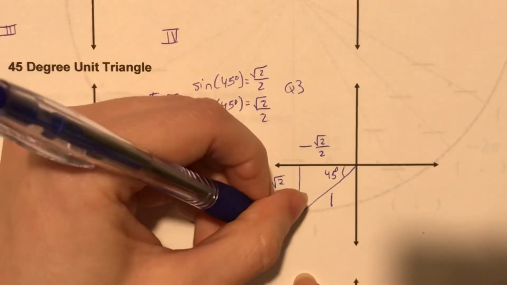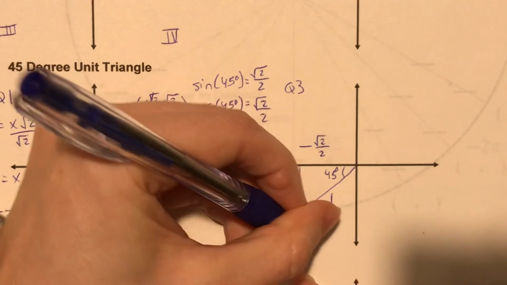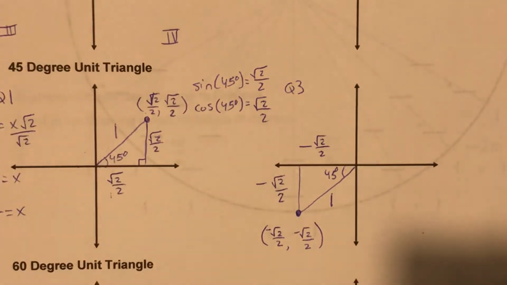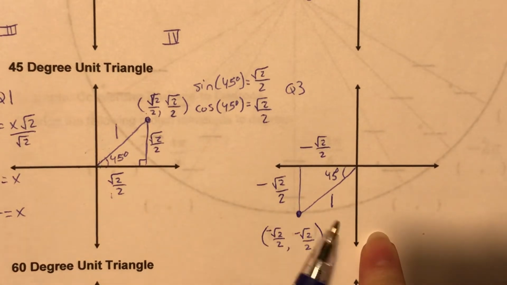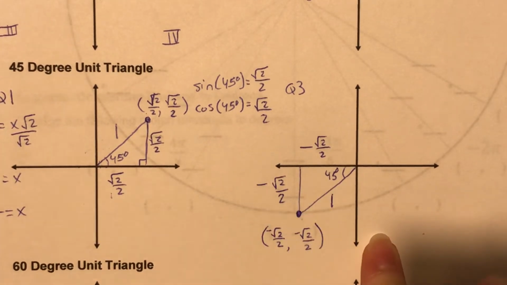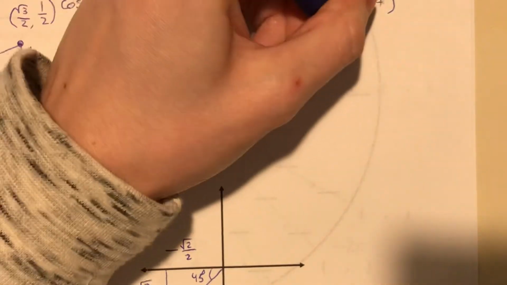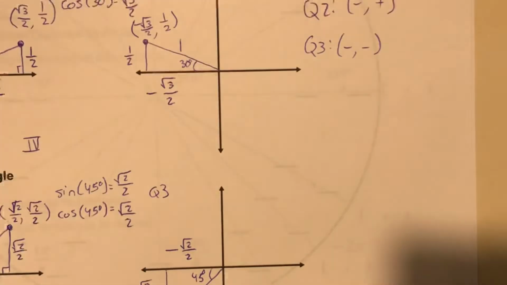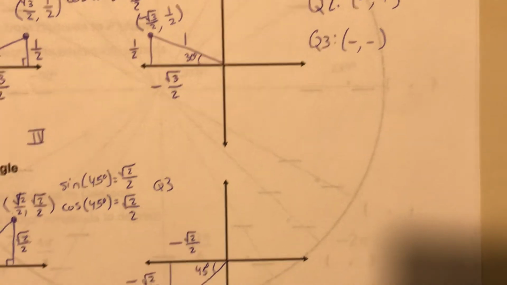So this point is negative root 2 over 2 and negative root 2 over 2. All right, and that's going to be the pattern that we see with all of the points in quadrant number 3. Let's write that up here. So our quadrant 3 points have negative, negative.